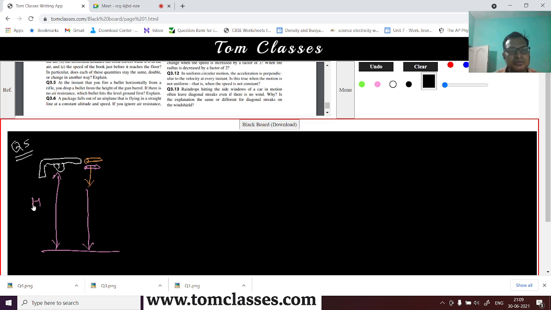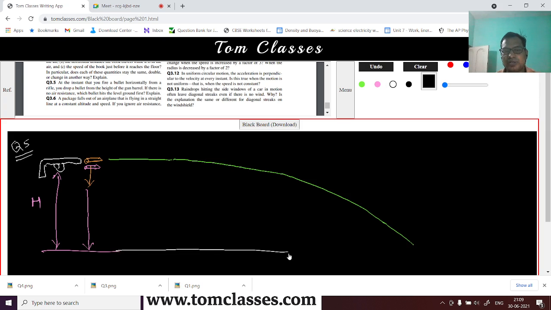So this is h. Now this bullet will go like this, and after some distance it is going to fall, right? So that has to be the path of this particular bullet. Yes, it is going to be like this, and this particular bullet will follow this path.